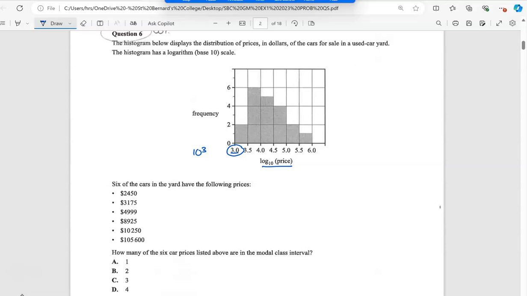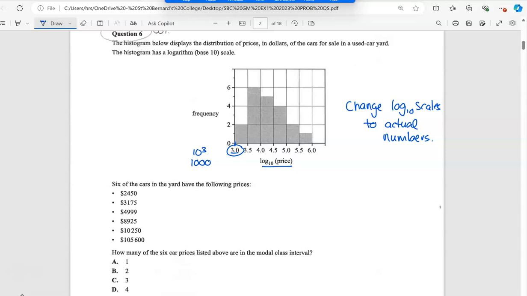So 10 to the power of 3, that actually is 1,000. So if you're reading off, if you did a true scale, that would be starting at 1,000. So what you want to do is change your log 10 scales to actual numbers. So that's what you want to do when you want to answer these questions.